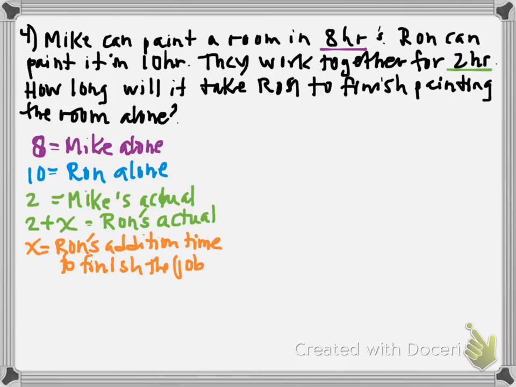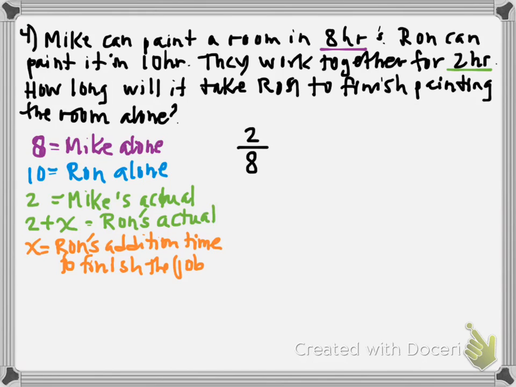Now, when I write my fractions, the idea that they didn't work together the whole time doesn't change. Okay? It doesn't change. The denominator is always going to be how long would it take the person to do it all by themselves. The numerator is how long the person worked on the job. Now, when they work together, they work the complete job. So in this case, Mike worked for 2 hours, then disappeared.